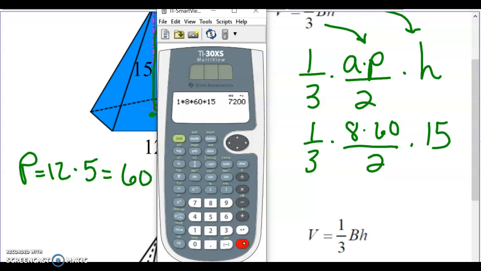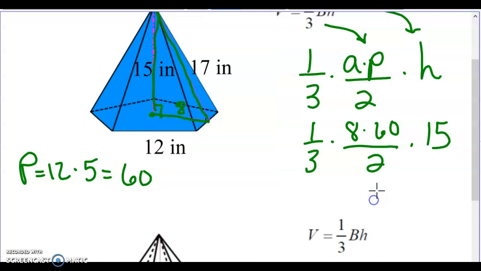And then straight across the bottom, 3 times 2 is 6. So that's 7,200 on the top, divided by 6 on the bottom, and we get our answer: 1,200 cubic inches. Again, that's how many cubes we'd have, 1,200 cubes in that pyramid.